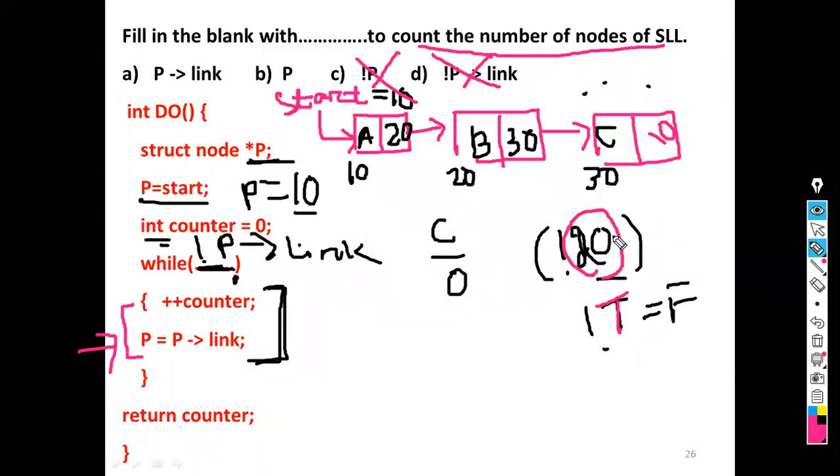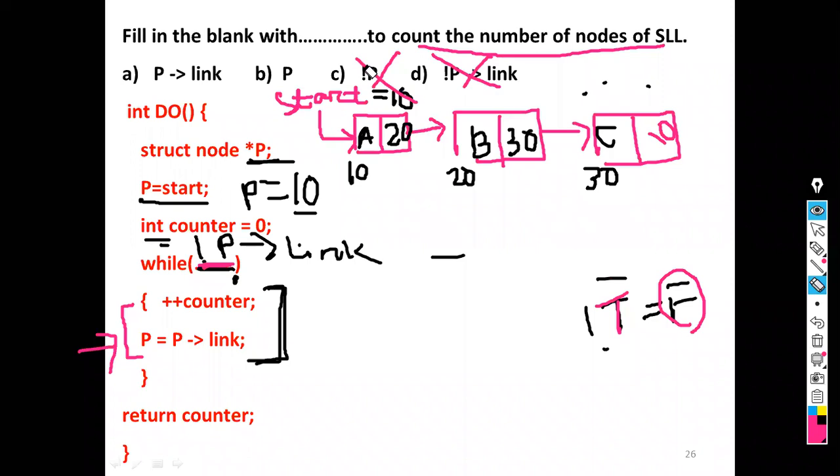Some address is there which is true. Not of true equal to false. If the condition is false, the control will not enter inside the while loop, so it is not going to update the counter value. As the counter value is not updated, how can you count the number of nodes? So out of all these cases, you can easily remove 2 options.